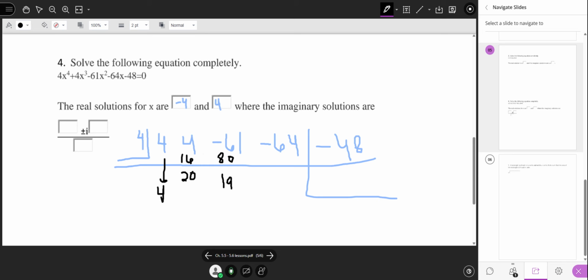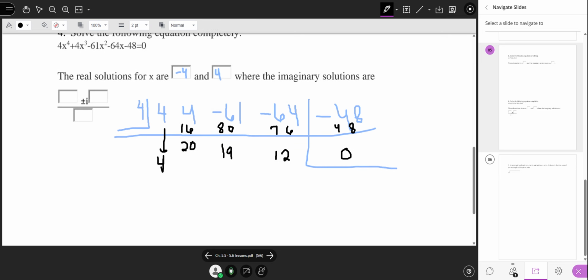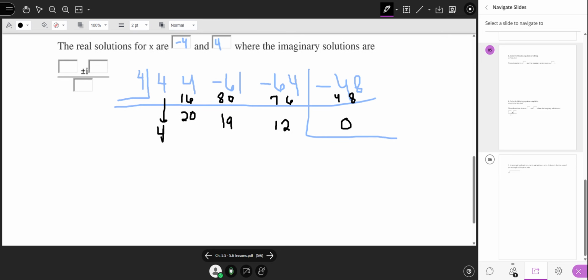That's better. 76 minus 64 is 12. And that's 48. Boy, was I about to have a brain fart. Wow. Whoa.